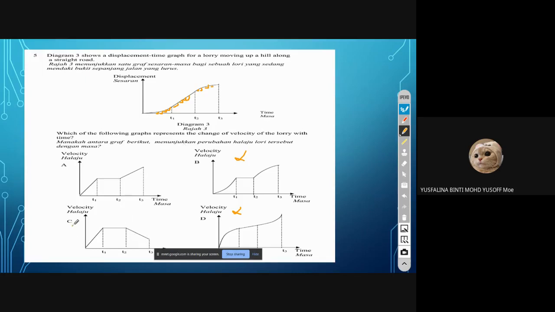So the answer should be C. You just draw a triangle and see the size of the triangle. If the size of the triangle is increasing, the gradient is also increasing. It depends on what the graph is against what, y against x. The next one.